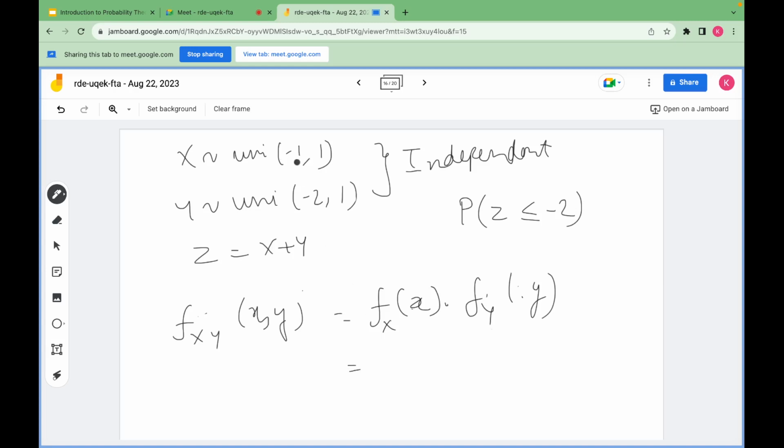X is uniform from minus 1 to 1, so this is 1 upon 2, and y is uniform from minus 2 to 1, so this is 1 by 3. So the joint probability distribution is 1 by 6.